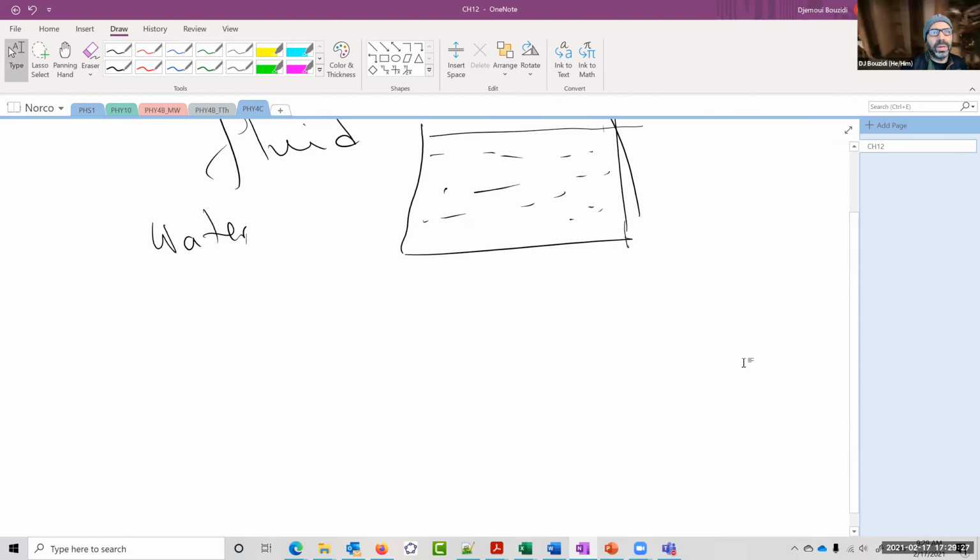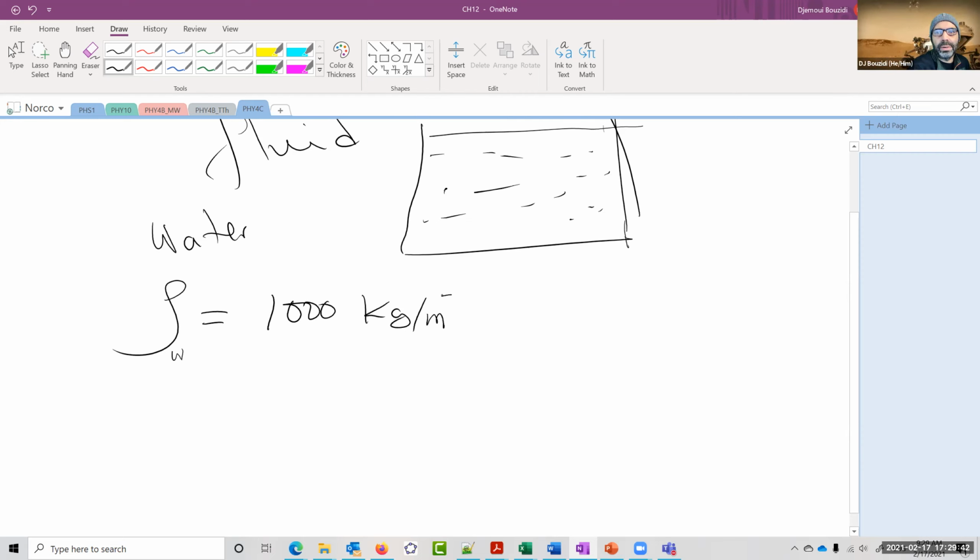So that's basically one of the things that we're going to be talking about most of the time. Water has a density, which we know. The density of water, if you like to index it with the letter W, is 1,000 kilograms per cubic meter. If I take a cubic meter, which is roughly the size of this separation, I'm trying to get as far as I can so that I can have a rough estimate of what a meter is.